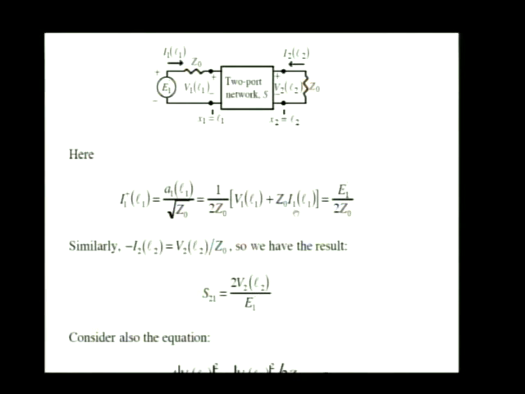You can show that, once again I'll refer you to the book for the intermediate steps, that S21 can be written in the following form. S21 is equal to twice the voltage at port 2 divided by the voltage of the Thevenin equivalent source E1. Refer to this circuit up here.